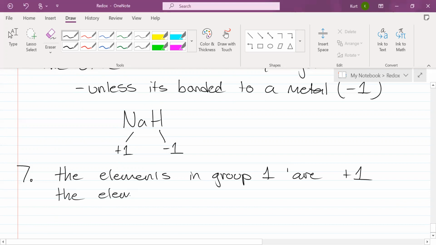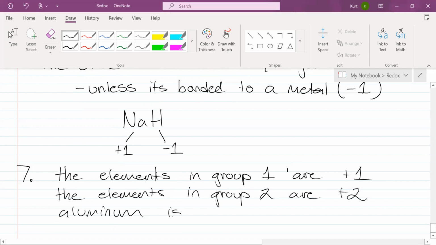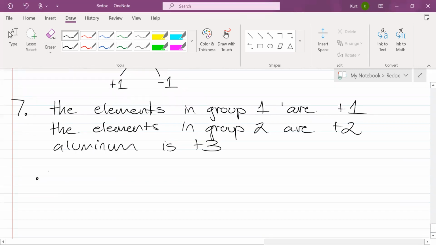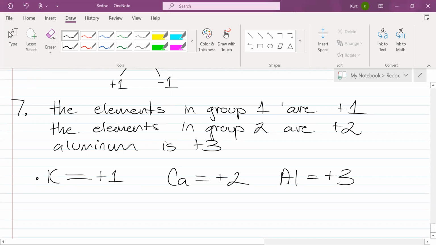The elements in group 2 are +2. Aluminum is +3. So for an example, potassium is +1. Calcium is +2. And aluminum is +3.